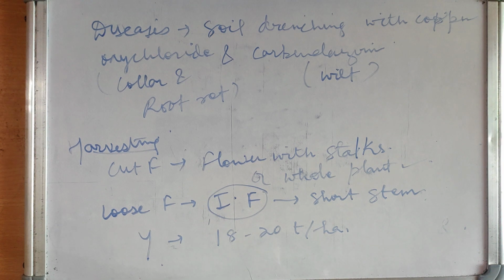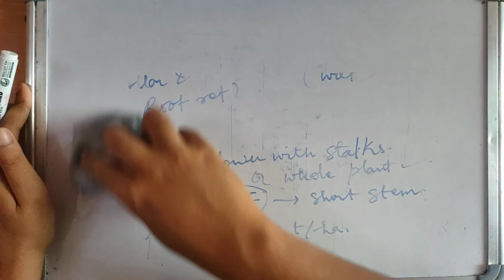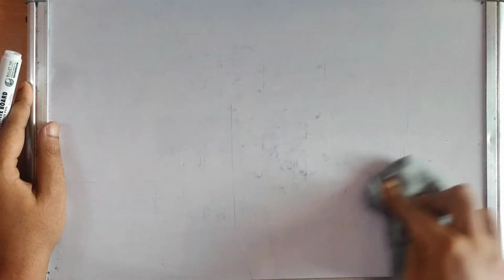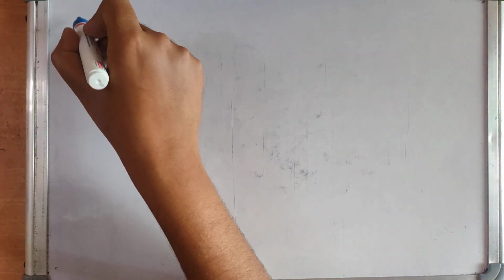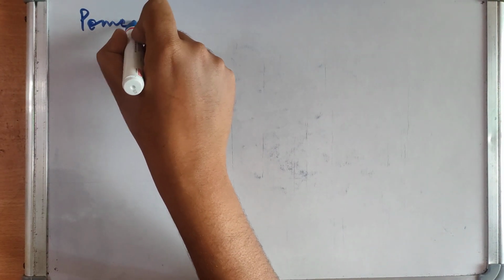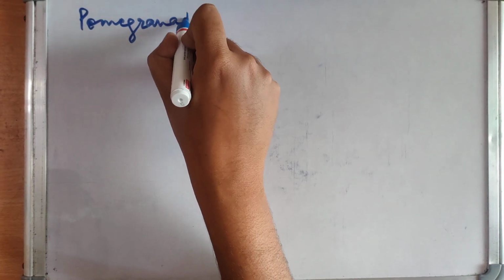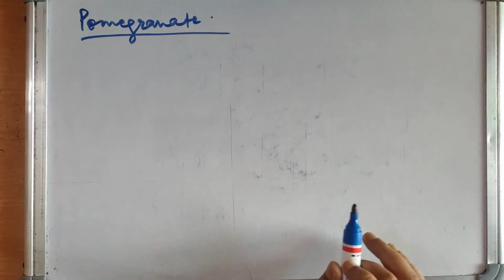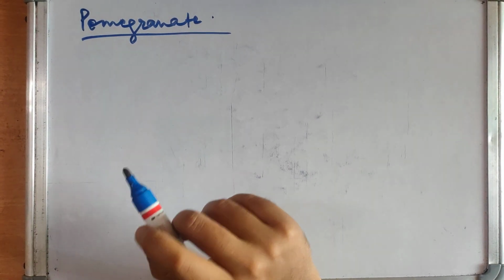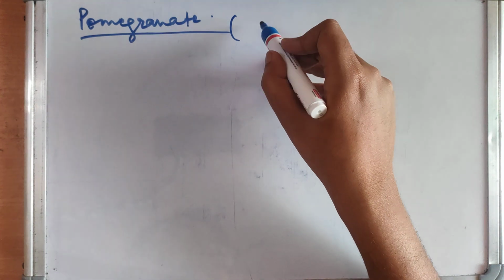Now moving on to the next crop, that is pomegranate. Its botanical name is Punica granatum.